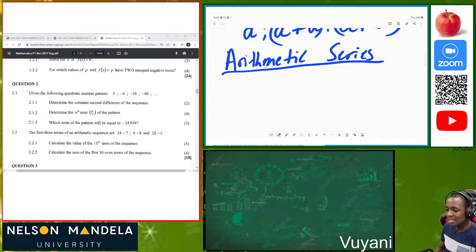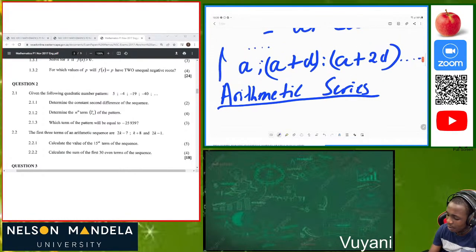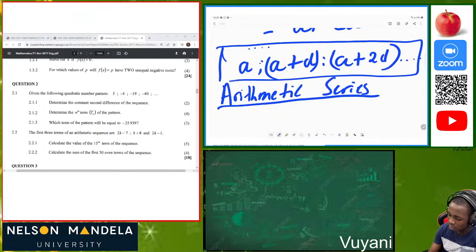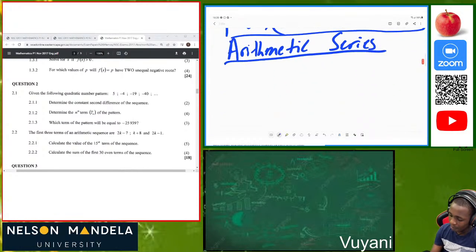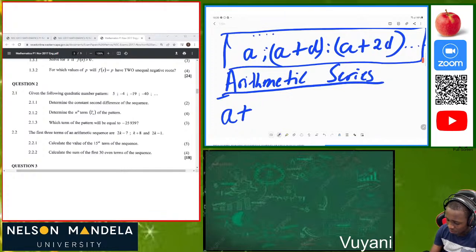So in arithmetic series, since we have said that this is our sequence of an arithmetic sequence, an arithmetic series is the summation or the sum of the arithmetic sequence. So basically we are saying a plus, since our first term T1 is a, instead of putting a semicolon, since this is a series, we must put a summation because we are adding them, where we left, we are adding so that they can correspond.